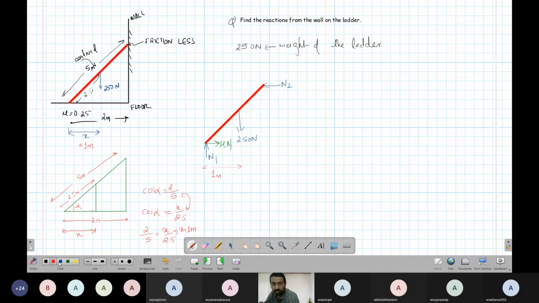Now, what is the summation of forces in x direction? I'll call somebody. Abhishek Vinod. Abhishek Vinod is there?